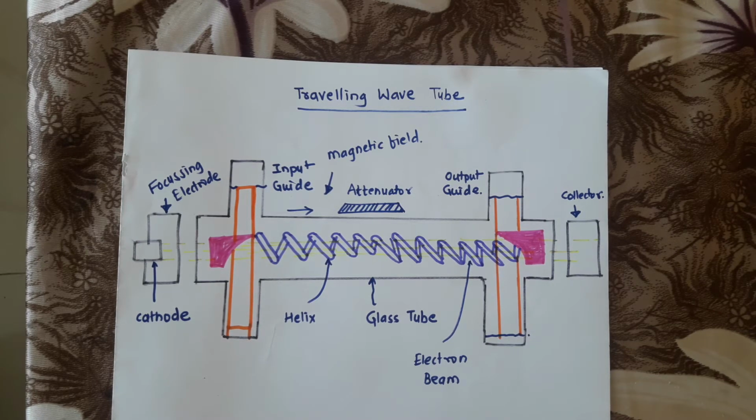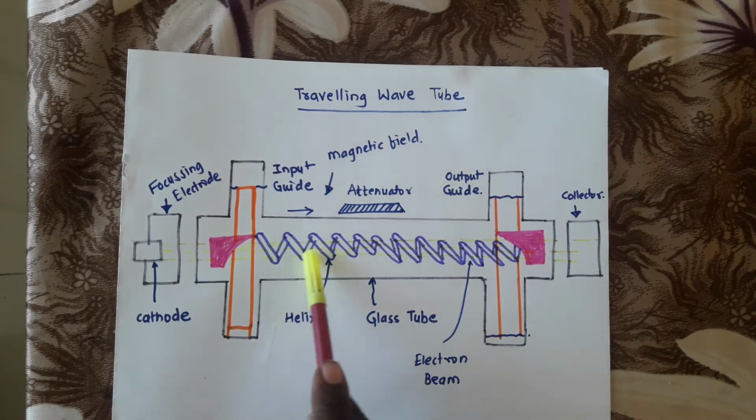So buncher cavity, catcher cavity, such kinds of cavities we discussed. Within that gap itself only, the RF field interacts with the electron beam. But in the TWT type of structure, there is a continuous interaction between beam and RF field.